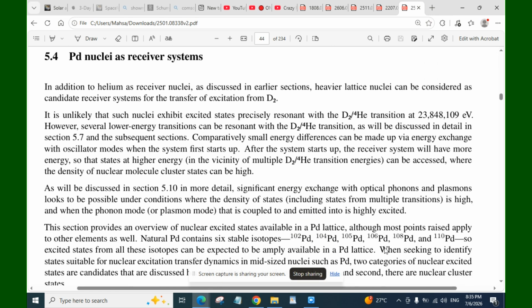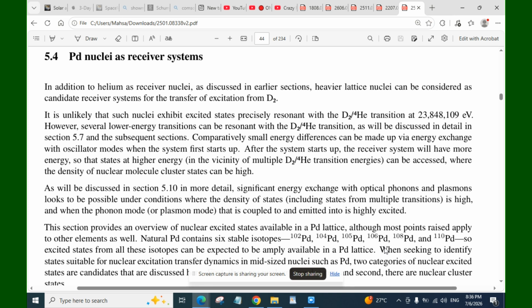Now I want to go through another chapter, 5.4, palladium nuclei as receiver systems. In addition to helium as receiver nuclei, as discussed in earlier sections, heavier lattice nuclei can be considered as candidate receiver systems for the transfer of excitation from the deuterium-deuterium.